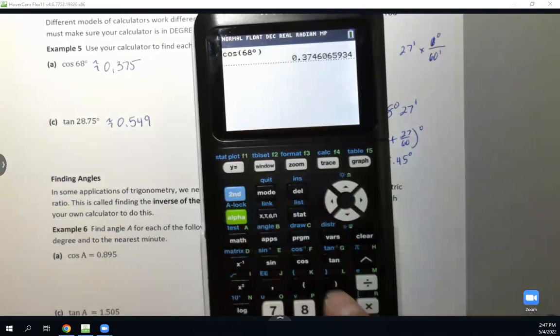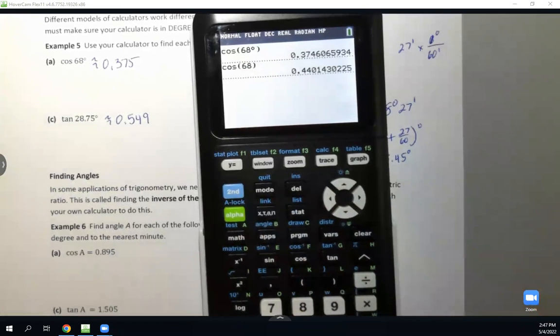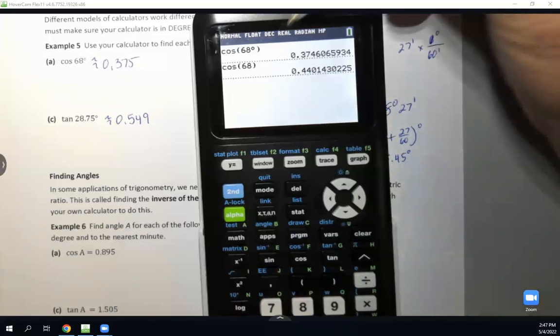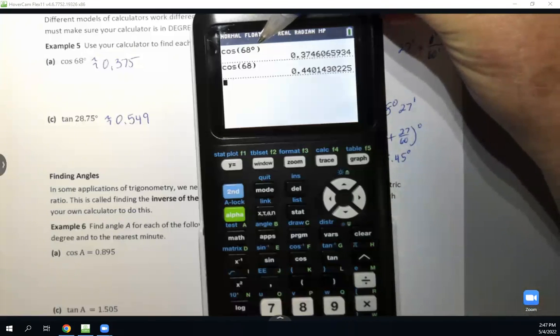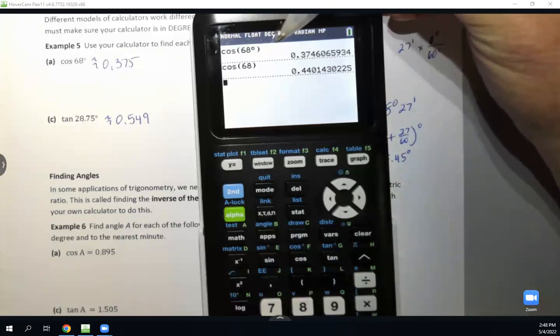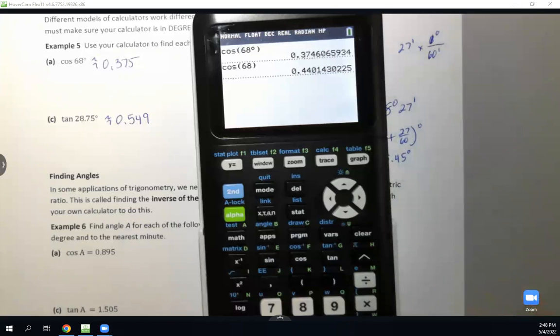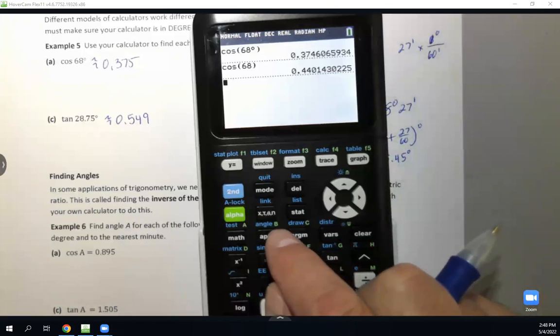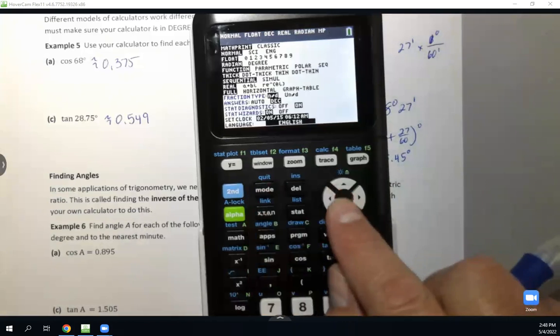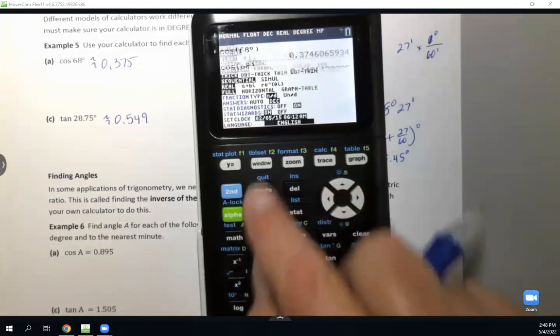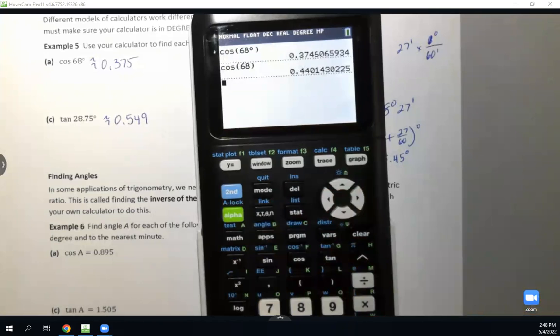But if I just did the cosine of 68, I get a different answer because that's the cosine of 68 radians rather than 68 degrees. Does that make sense? So if you want to stay in radian mode, you can put the degree symbol there. That'll do it. Or make sure you're in degree mode. Okay. So I'm going to go back to degree mode. Any questions?